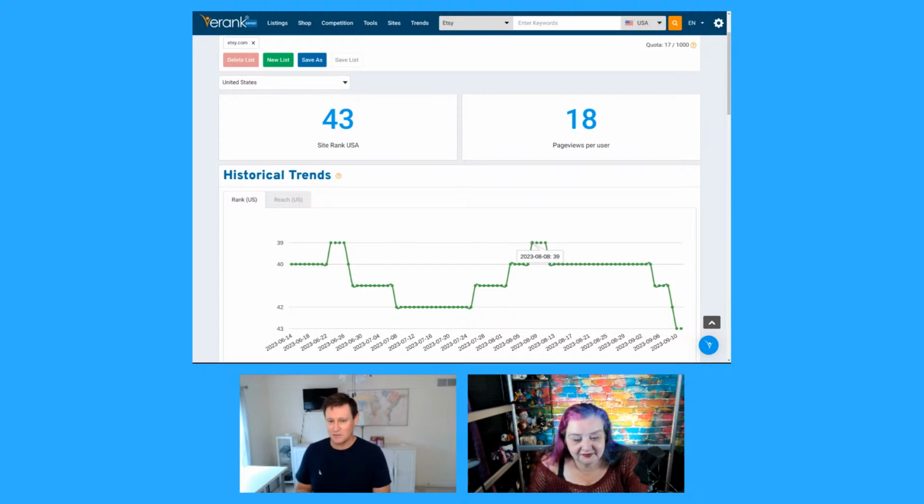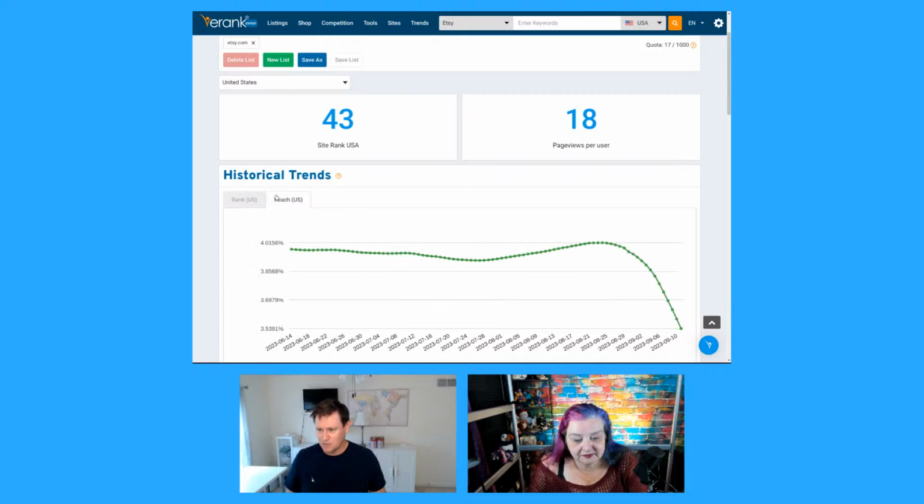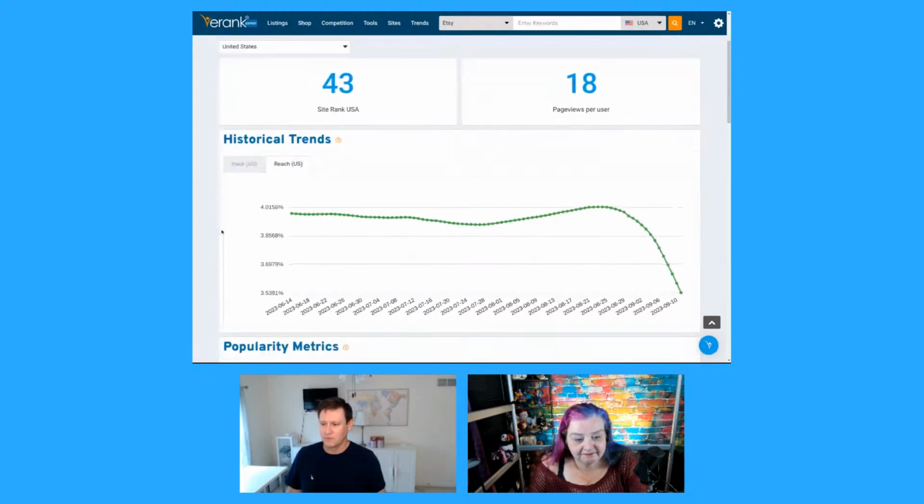So, and I say quiet, I mean, relatively quiet. Some shops are absolutely killing it right now, but you can see that when Etsy's rank drops or when their reach drops, and this is the graph that I posted in the group, the reach, when that drops, that tells you that things are slowing down. Reach, think of it like this, it's the percentage of Americans that are visiting Etsy on a daily basis.